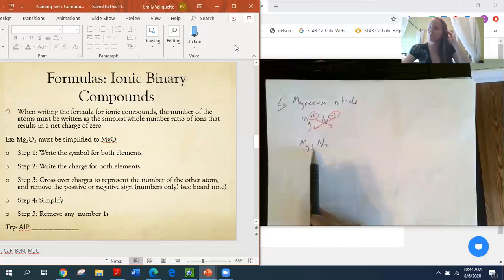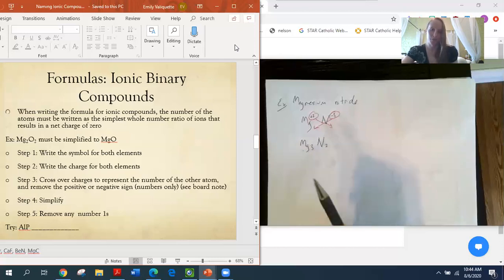And if these numbers are the same or are a multiple of one another, that also means that they can be reduced. Because 3 and 2 are not the same and they're also not a multiple of one another, meaning that I can't divide 3 by 2 and get a whole number, or 2 by 3 and get a whole number, this is already simplified.